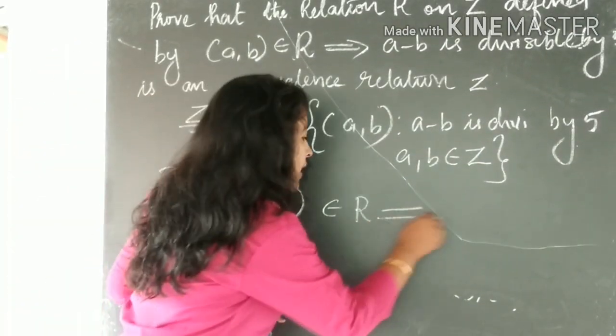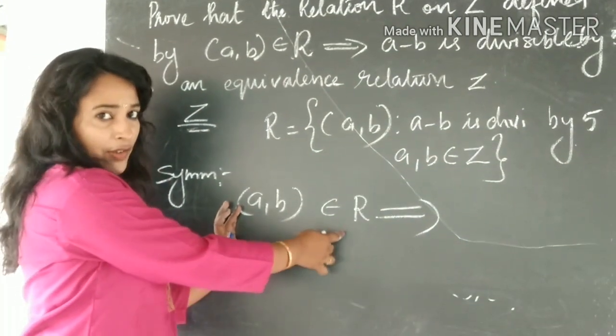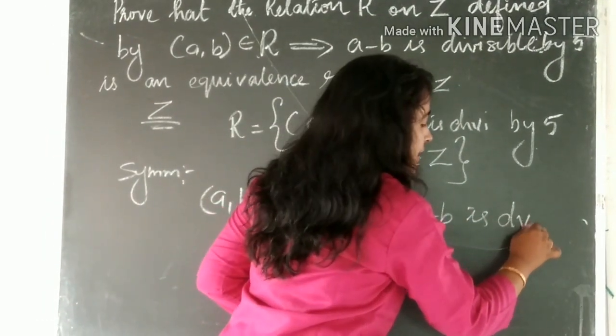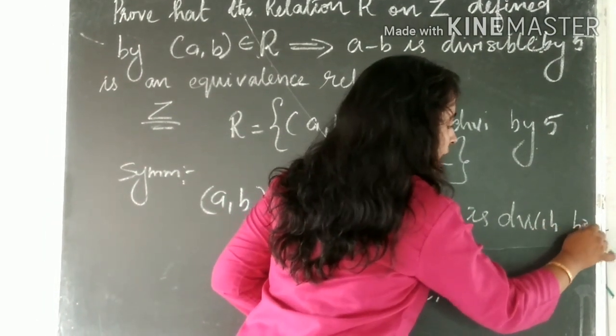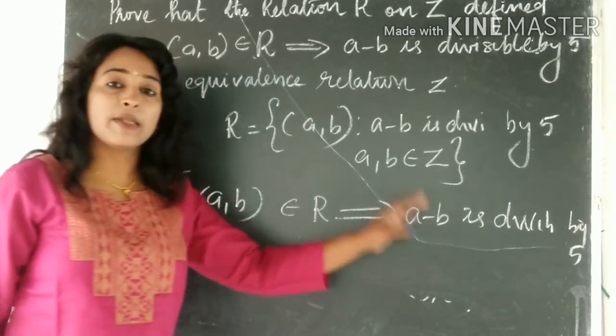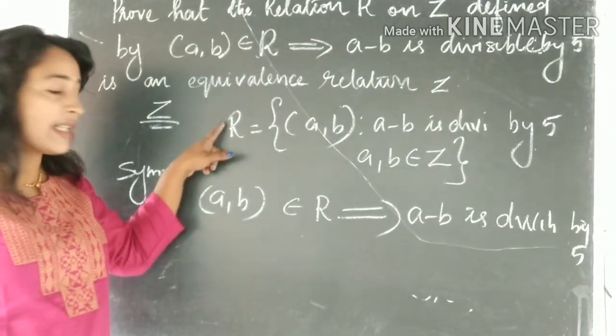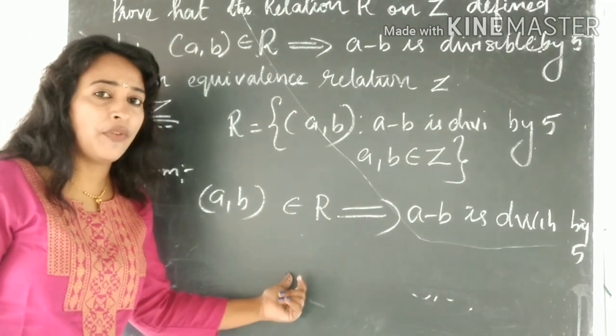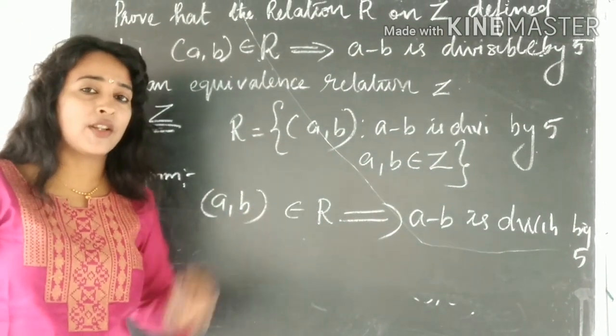So we can write, since this is present in the relation, then A minus B is divisible by 5. That is why it is in the relation. Okay, now you need to find out whether the reverse is present or not.